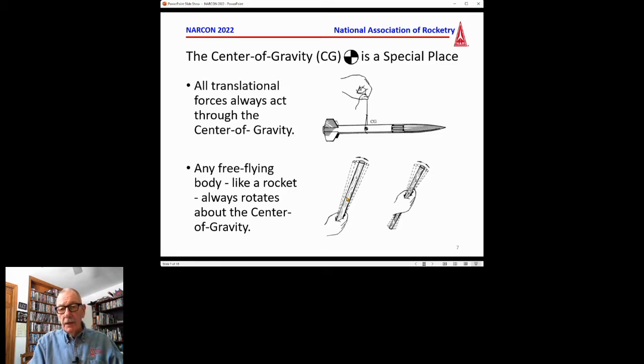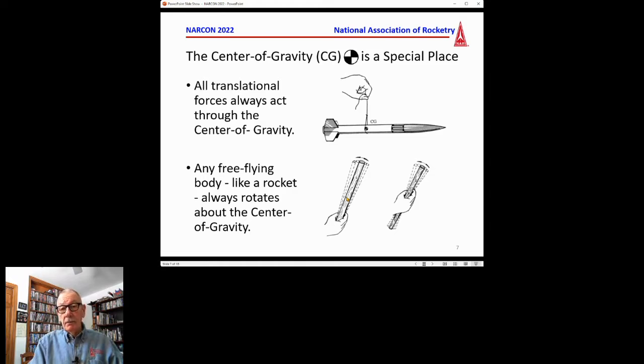To give you an idea, if you want to try this at home, an experiment, get yourself a stick. In the past, I've used a broom to demonstrate it because it's not exactly equally balanced. And you grab it at one end and try and rotate it. And you can see that it's very difficult to rotate, relatively speaking.